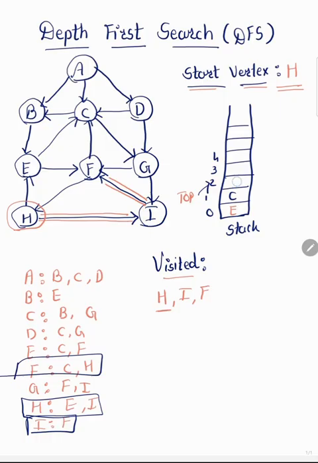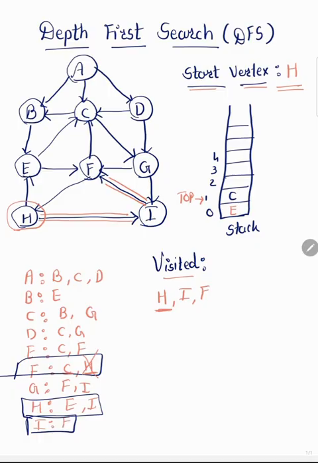Here H is already visited, so there is no need to push H. You have C and H, and as soon as you discover that H is already in my visited list, you just cross it out. So you have only one element, that's C, and you need to push that C only.